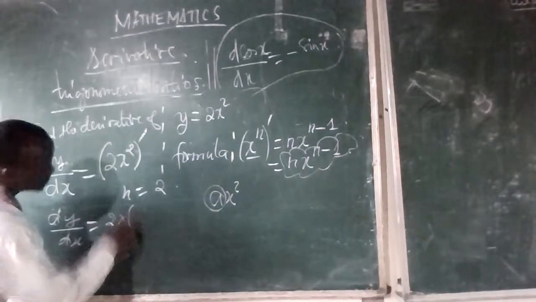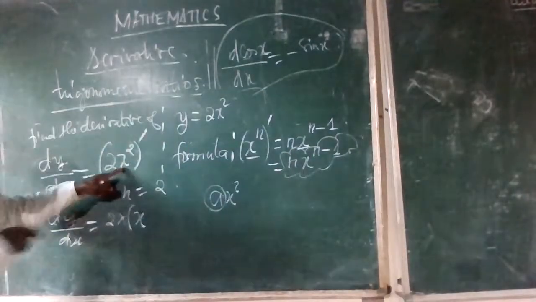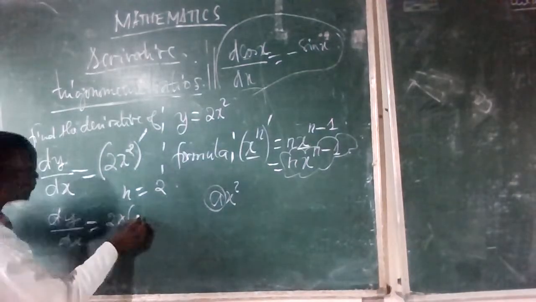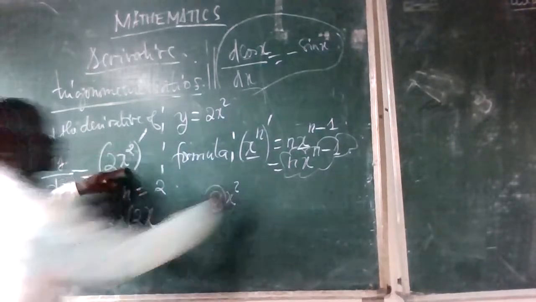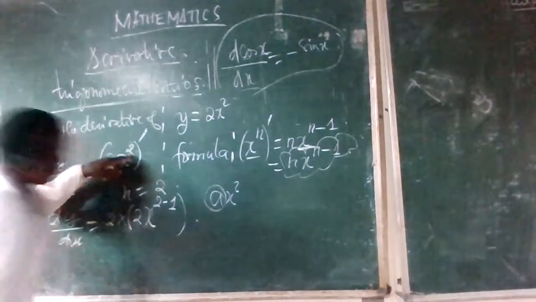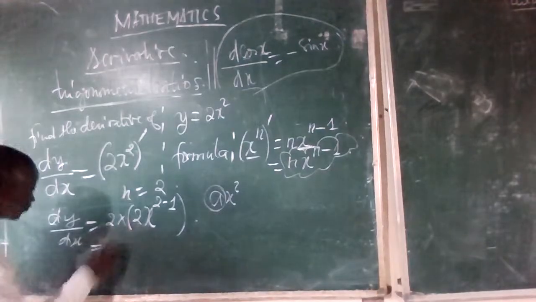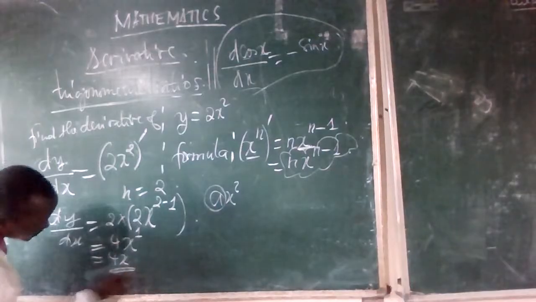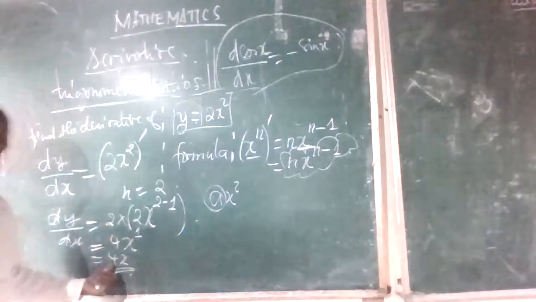Then times x, but remember, we have n. Firstly we write this n times x to the power n, which is 2 minus 1, then close the bracket. We still have 4 times x to the power 1, which is 4x. It means the derivative of this one is equal to 4x.